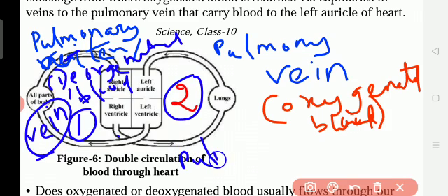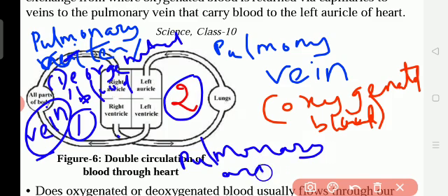Pulmonary artery. The pulmonary artery takes deoxygenated blood to the lungs. Here in the lungs, exchange of gases will be taking place. The carbon dioxide is given out, and the lungs breathe in oxygen.